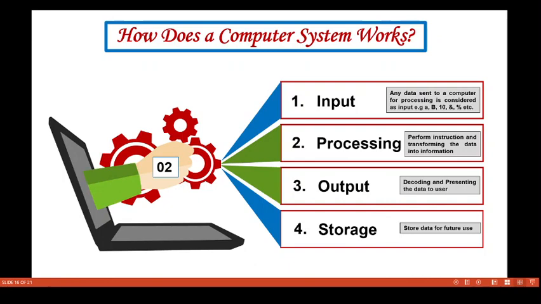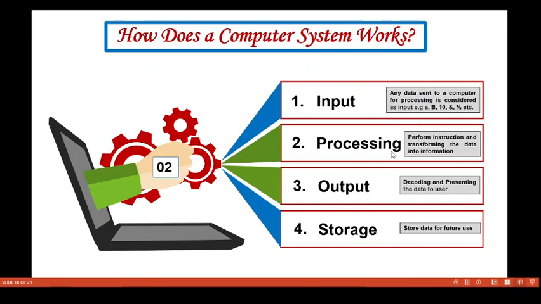So let's also quickly brush up our knowledge. How does a computer system work? A computer can accept data as an input. When you input data like B, 10, ampersand, anything that you input from the keyboard, or a sound or anything, the computer can accept that data. But before your computer can produce the result, it has to undergo processing.